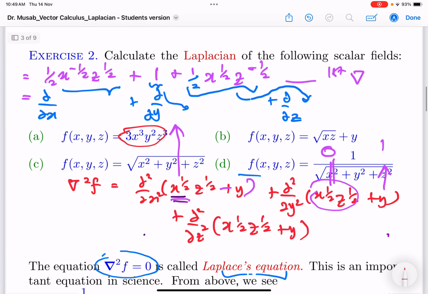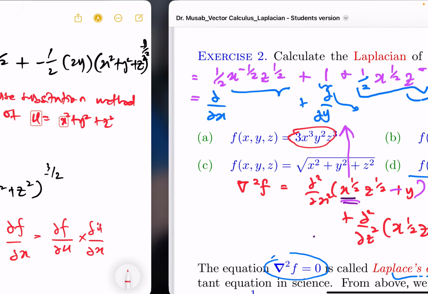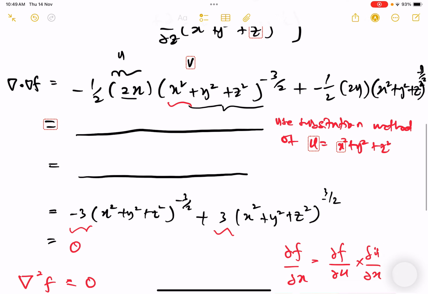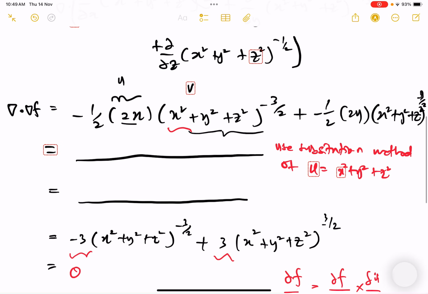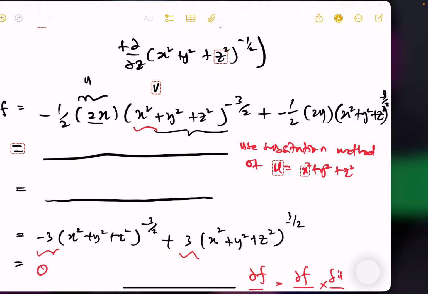So instead of doing a lot of work, to reduce the difficulties or reduce the number of errors, you might use the substitution method.